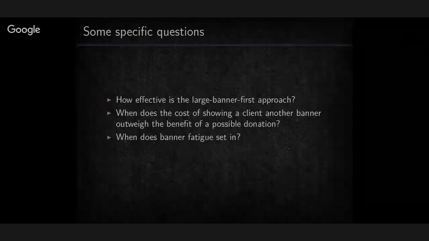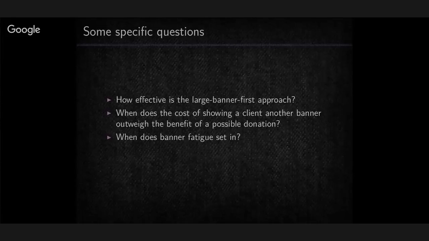So this system of logging and viewing the history of banners seen is basically a first step to explore the universe of possibilities here and eventually have more effective banners and thereby show fewer banners in the end.